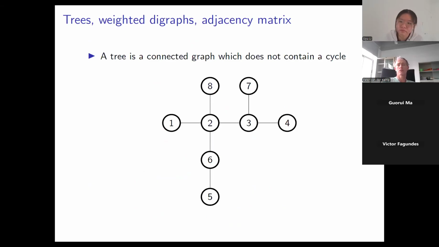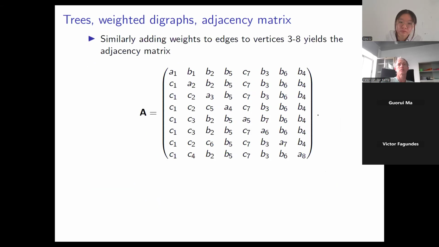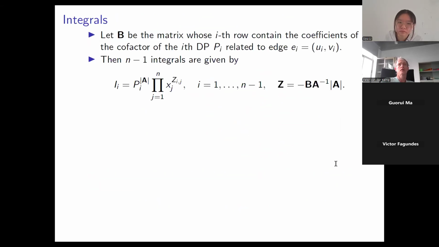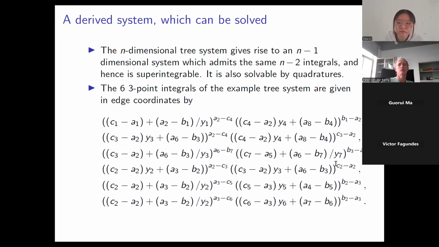I'm not going to show you how to construct this A matrix, so I skip this part. And yeah, maybe one point on this system that you get. You can write the system in reduced variables.